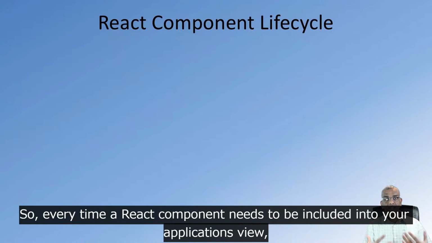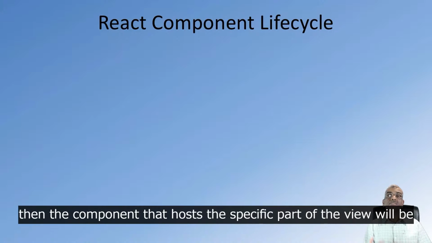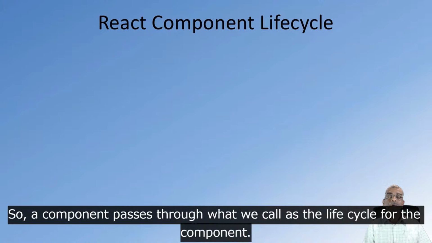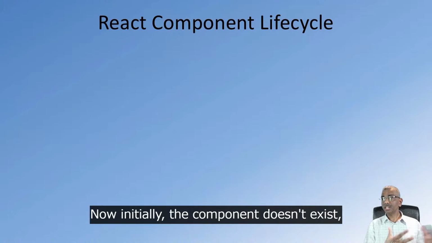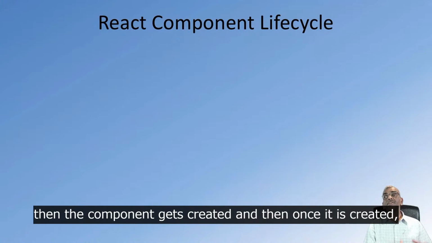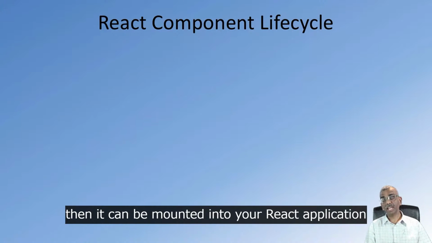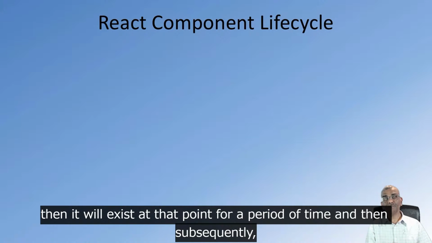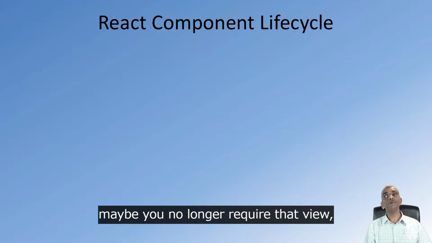So every time a React component needs to be included into your application's view, then the component that hosts the specific part of the view will be created and added into the overall React component hierarchy. So a component passes through what we call the life cycle for the component. Initially the component doesn't exist. Then the component gets created, and once it is created, it can be mounted into your React application at an appropriate point in the hierarchy of components. Then it will exist at that point for a period of time, and then subsequently maybe you no longer require that view.